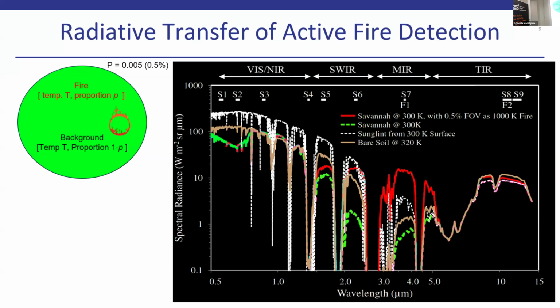And then the red line is the same vegetation with 0.5% fire added in this simulation. So you imagine this big pixel here with the red fire covers 0.5%. And what you find is that this middle infrared signal here has gone up by more than an order of magnitude, even though the fire only covers 0.5% of the pixel.